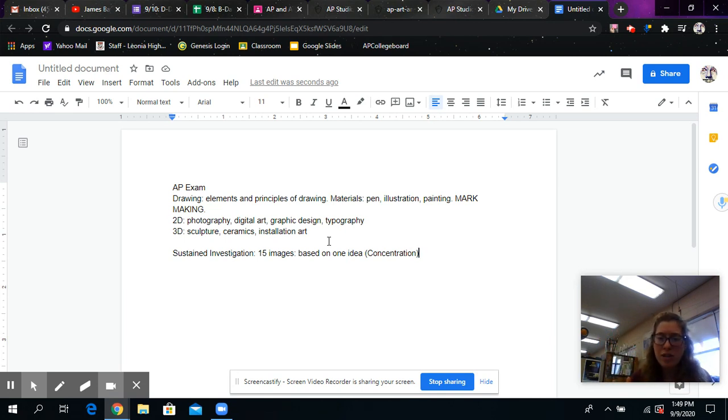But all of the pictures made sense together because they were all based off of one idea. So even if I were to not have any kind of written information about what was going on, by seeing all these pictures together, I would have somewhat of an understanding of where she started with her idea, where she finished, and what the idea was about, because all the pictures relate to one another.